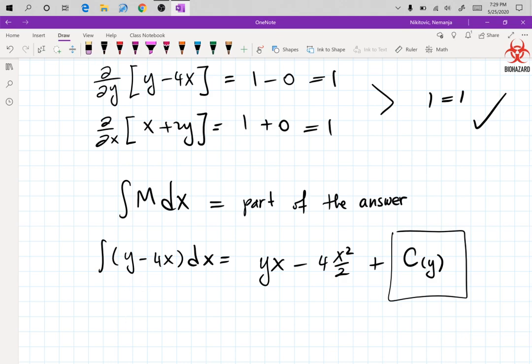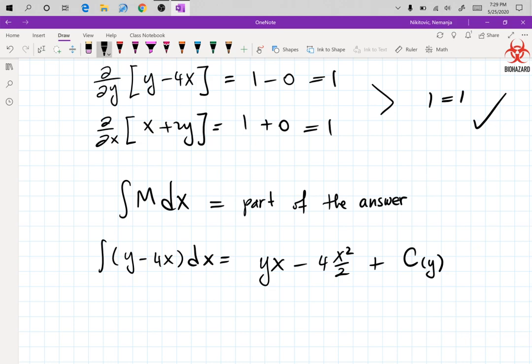So this could be a number, but it also could be e to the y, sine of y, y squared, y to the 7th. It could be any function of y or a number. So that's kind of new from what you learned in Calc 1 when you just had plus C. Plus C means constant, a number, and you're done. But this could also be a function of y.